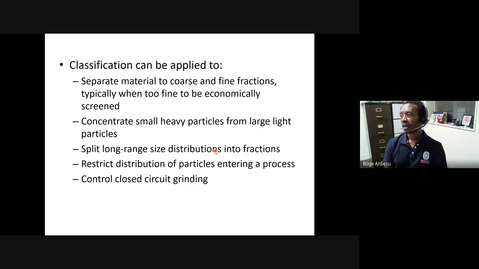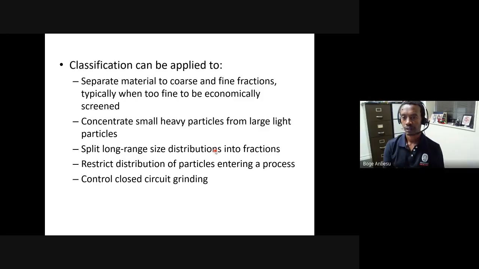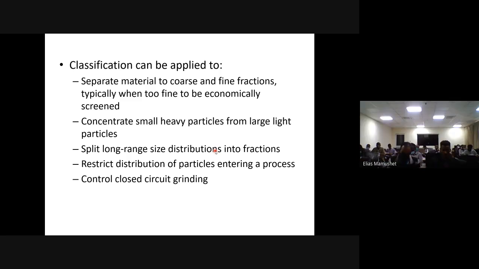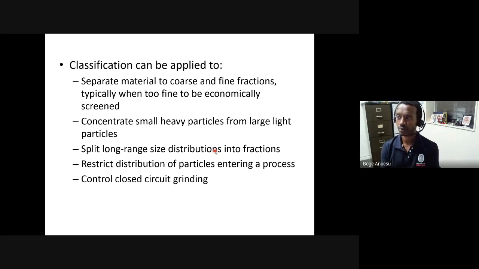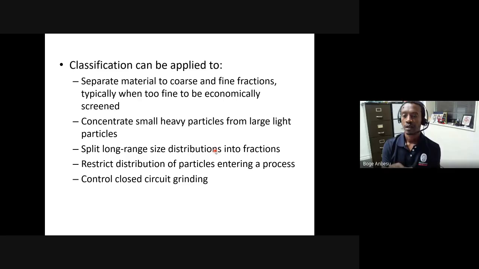So classification can be applied in many cases. In the flow sheet I showed you earlier, for example, it's used in closed circuit with a grinding mill. In that case, coarse particles are recycled back to the mill using a cyclone, which is a classifier. Fine particles are sent to the subsequent processing stage.